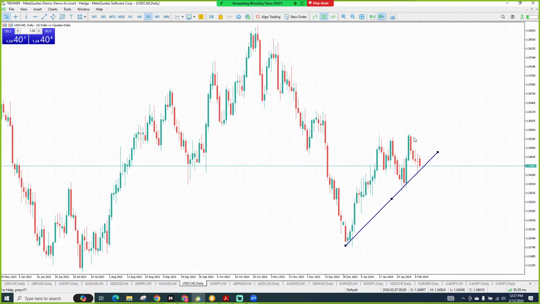But up here, it is trying to show me that there is already a resistance. There was a double top up there, which means the market is finding it difficult to break this level. But the double top was not like the one we saw on the 1 minute.